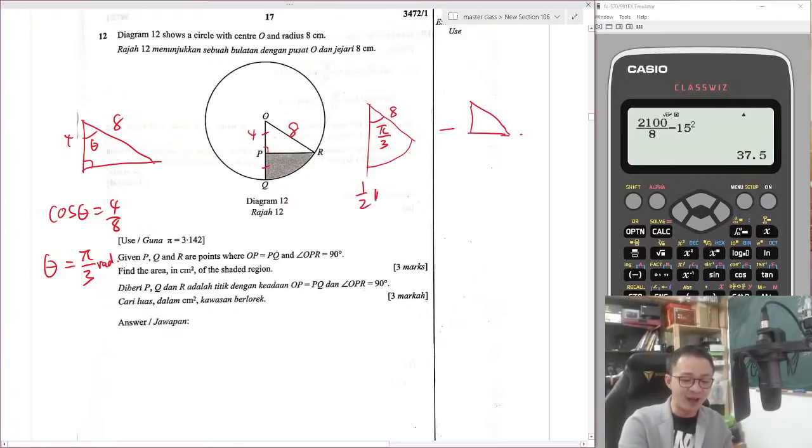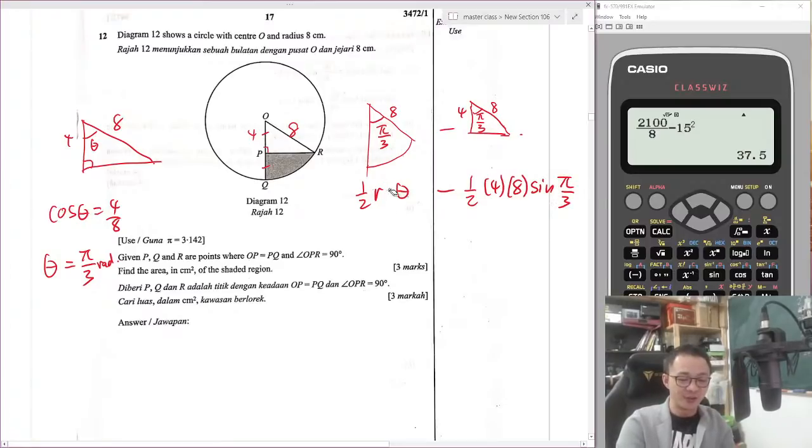Formula is half r squared theta minus, this is 4, this is 8. Depend you want to use sine rule, or you can find the base using the Pythagoras, or you can straight away use a sine rule to do also. This is pi over 3. I can do half 4 8 sine pi over 3.